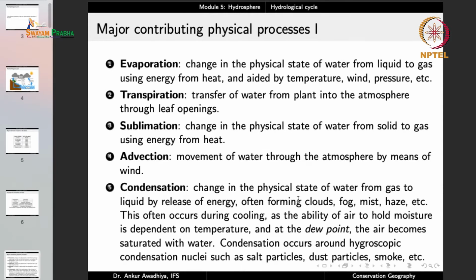So let us now have a look at the major contributing physical processes. We have evaporation, which is change in the physical state of water from liquid to gas, using energy from heat aided by temperature, wind, pressure differences, and so on. So evaporation is the conversion of water from liquid to gas.